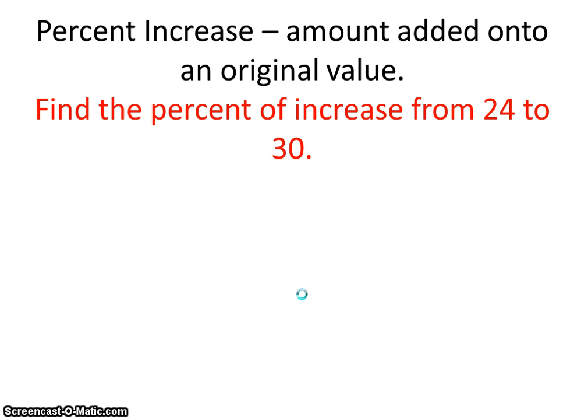If I wanted to find the percent of increase, given the original value and the new value, I would subtract my two values and then find the percent of my difference from my original value. And I can do this again in two ways.